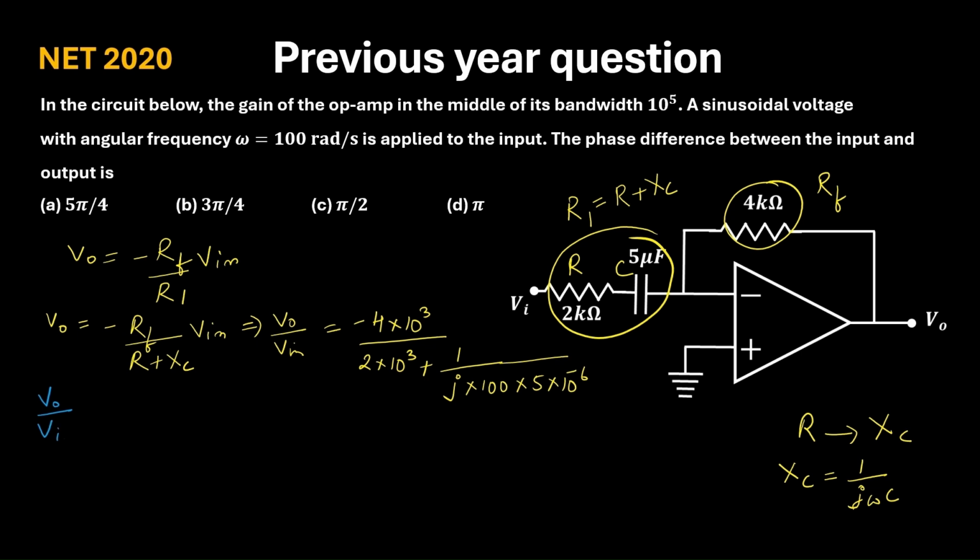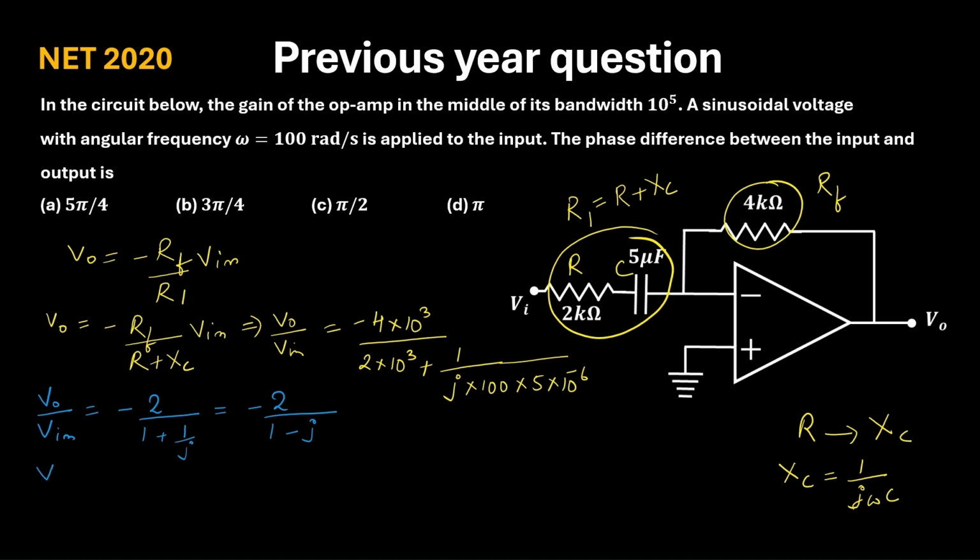V naught by V in will be equal to minus 2 divided by 1 plus 1 by J. Now, 1 by J, we can rewrite this expression like this. Now, see, the relation between the output and the input is a complex number now. So, what we have to do is, we have to express in the polar form.